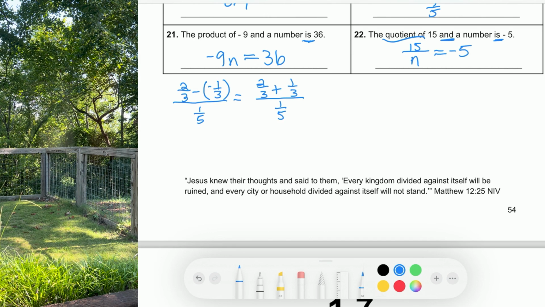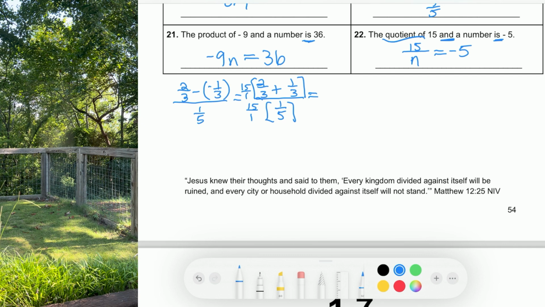Remember, the way to cancel a fraction is to multiply it by its reciprocal. That's one way. But the problem here is we have different denominators, so we need to pick a number that's going to cancel out all of those denominators. 3 and 5 are factors of 15, so that's what I'm going to use. I'm going to multiply the top by 15 over 1. I'm also going to multiply the bottom by 15 over 1, because whatever I multiply the top by, I need to do to the denominator as well.